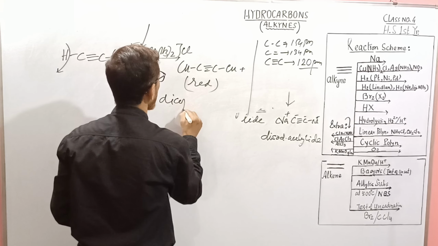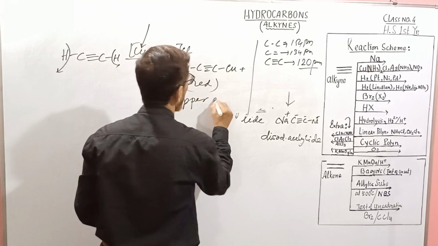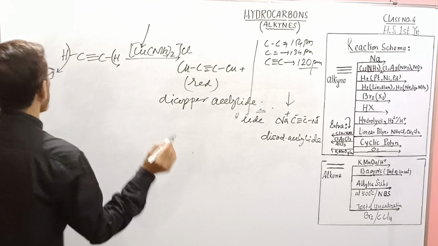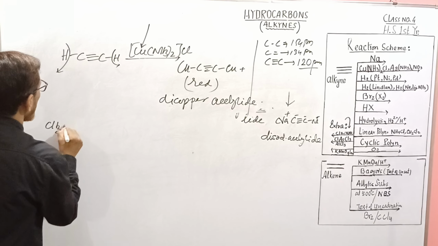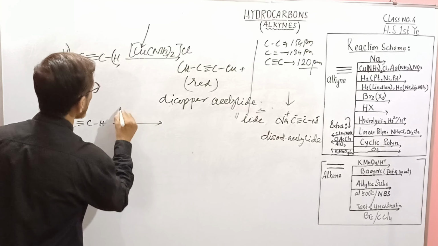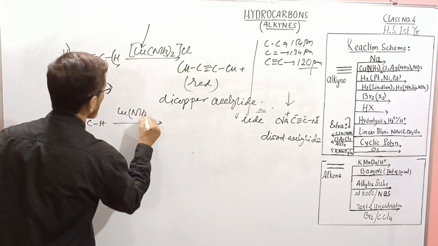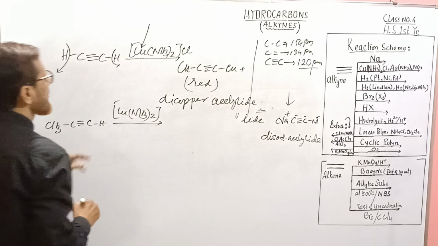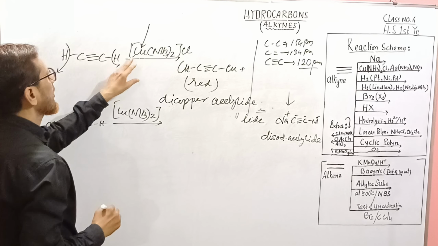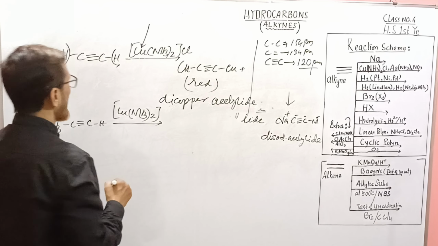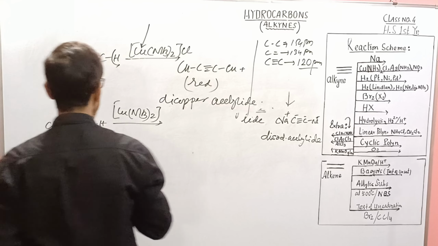Dicopper acetylide. So this way, if you are asked to make the reaction with this ammoniacal cuprous chloride in ammonium chloride solution, what is the reaction?